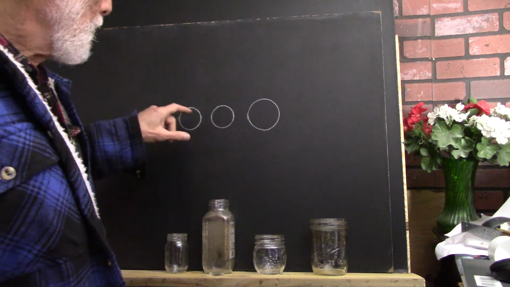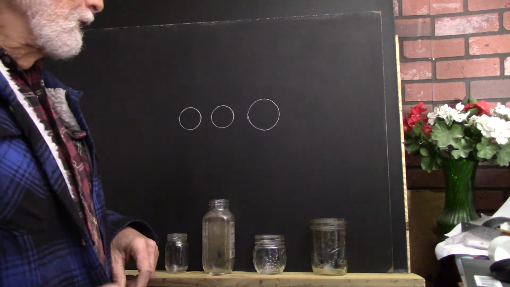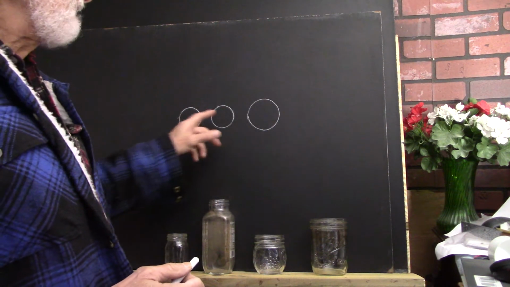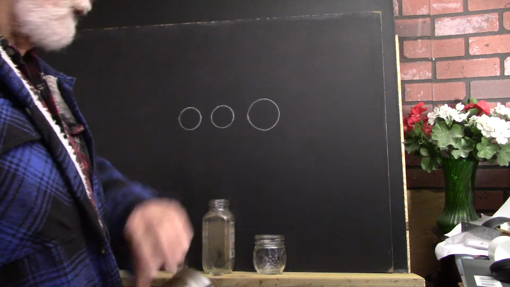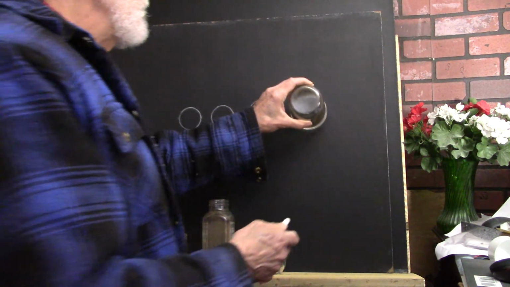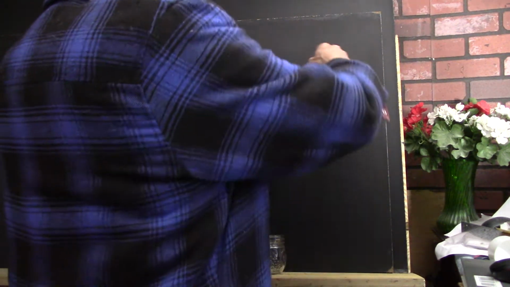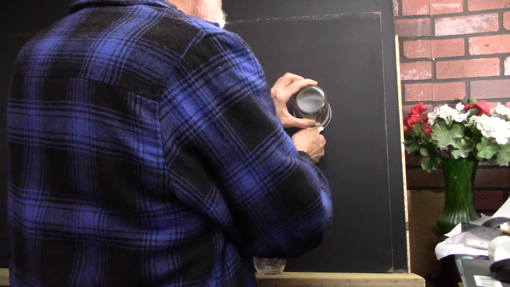Now, I've sketched circles up here. I'd like to claim that I sketched these freehand, and I'm really not too bad at doing freehand circles, but I can't get them that good. So I've done these three. I'm going to do this one so you see how it's done. Take a piece of chalk and start drawing a circle.